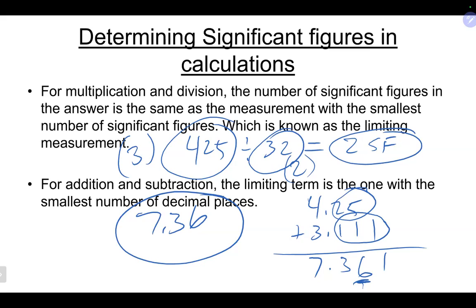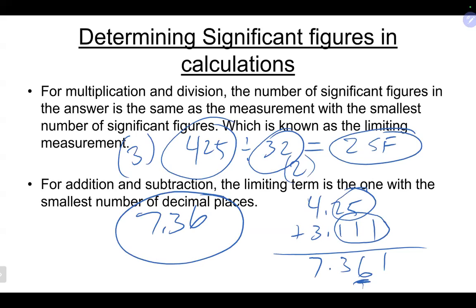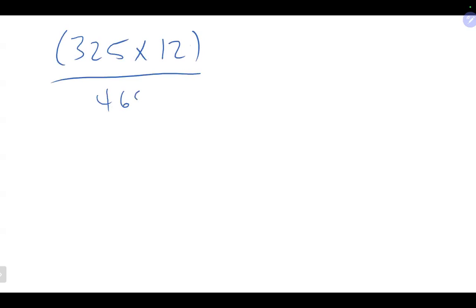Now, if you do multiple things together, which does sometimes happen, for example, if you had 325 times 12 divided by 4,659.69. What we would typically do first, right, is the stuff in the parentheses. So technically speaking, we're multiplying, so we would look at sig figs.